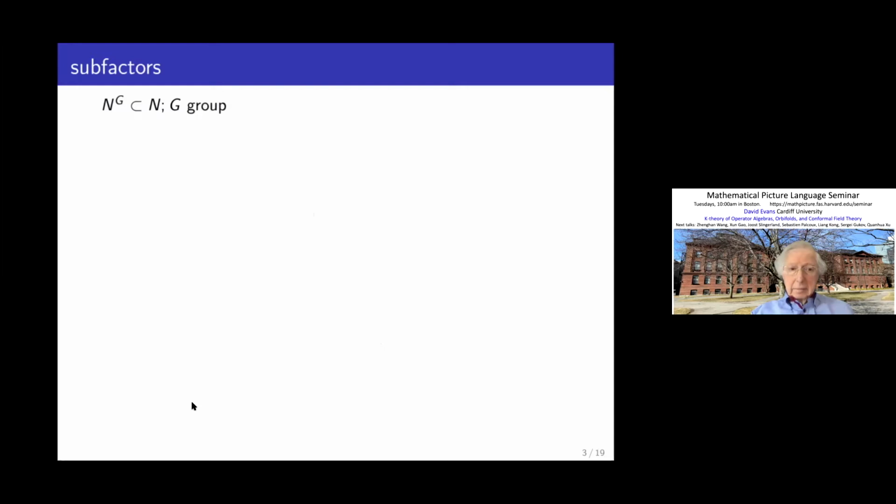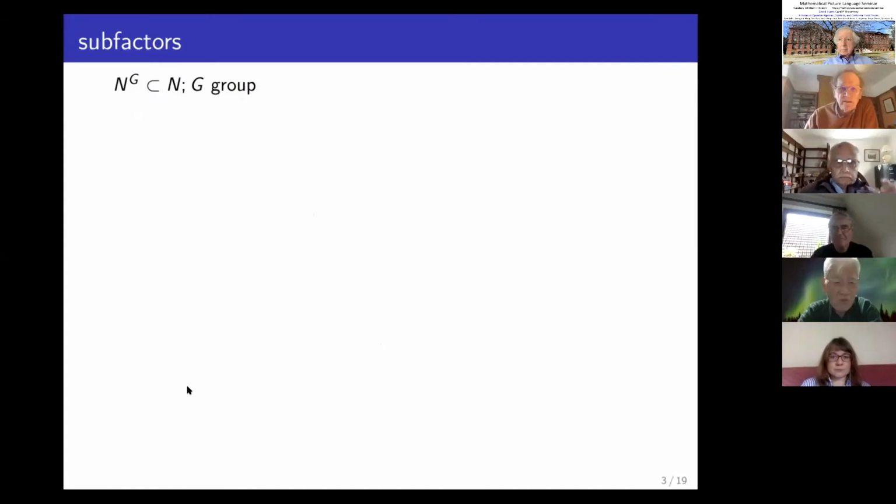The simplest example is just to take a finite group G, and if it acts outerly on a reasonable von Neumann algebra, you can recover the group from the inclusion of the fixed point algebra in the larger algebra.